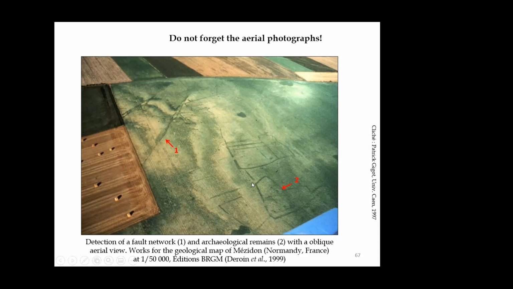These lines are interpreted by the archaeologists as a trough. This was the boundary of some area for cattle, for concentrating the animals here.